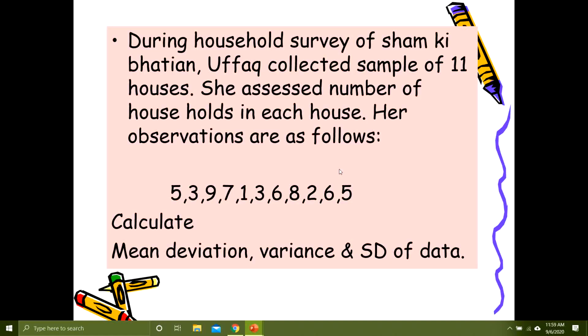So, during household survey of Sham Ki Bhattiyan, Ufuk collected a sample of 11 houses. She assessed the number of households in each house. Her observations are as follows. Calculate mean deviation, variance, and standard deviation of data.